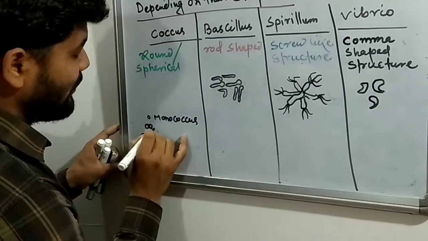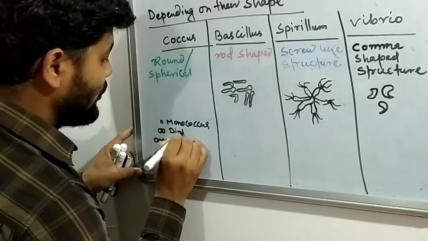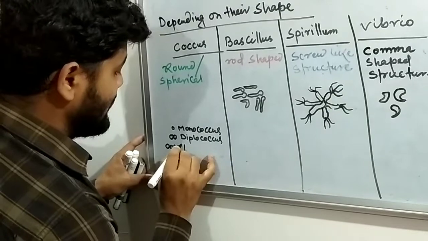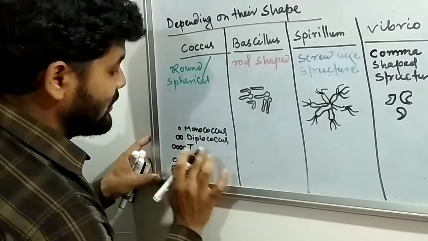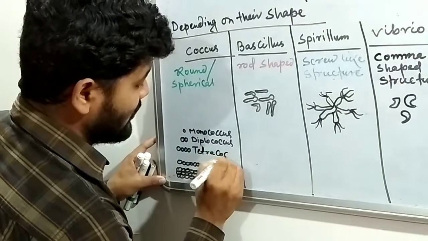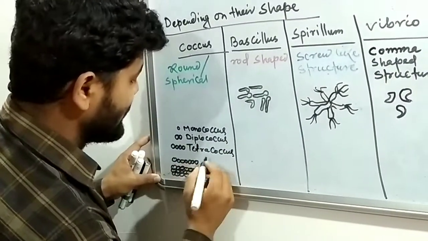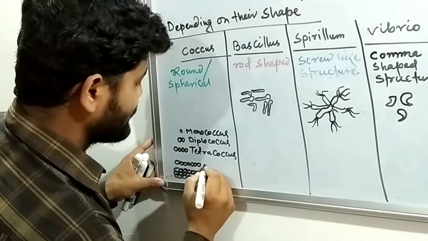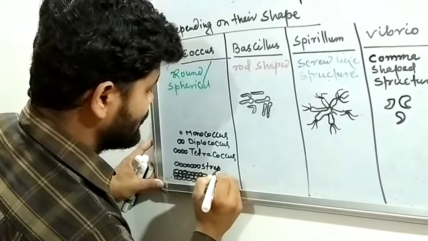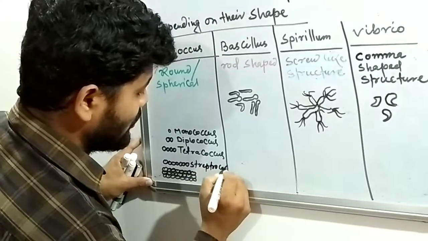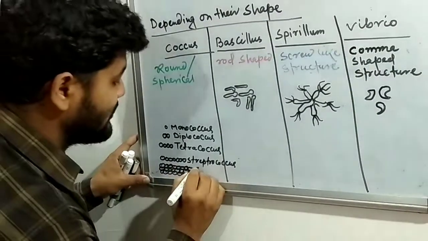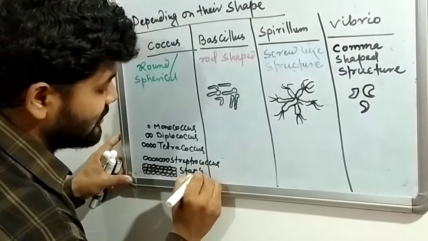When it is double, it is known as diplococcus. When it is in 4, tetracoccus. When it is a chain-like structure, streptococcus. When it is a flame-like structure, it is known as staphylococcus.